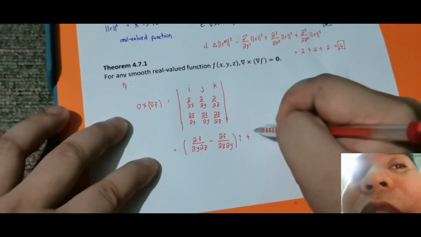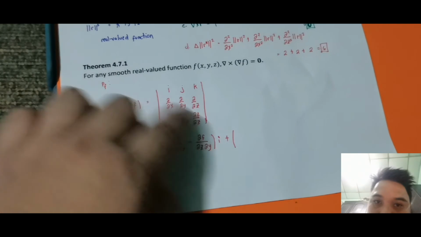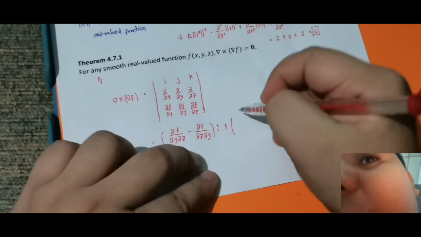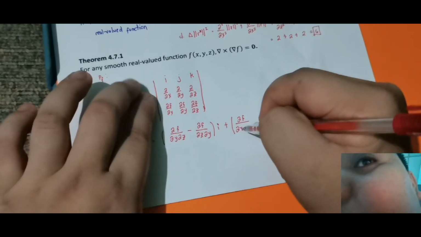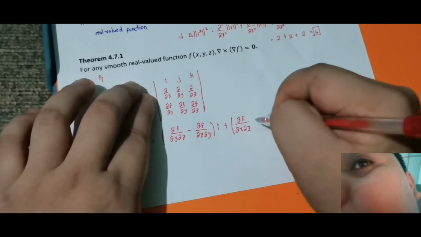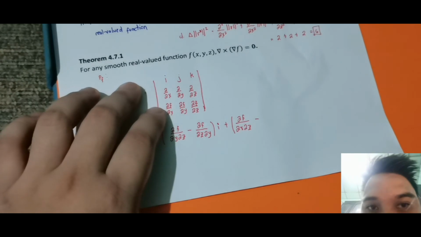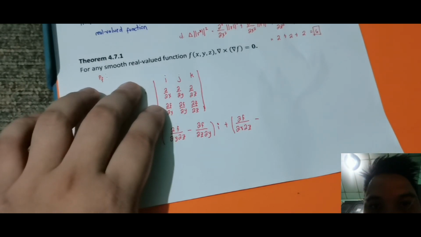So tandaan yan. Then plus next is yung dulo-dulo. So partial derivative of x naman to, no? Partial derivative of f. So ito ay syempre x para doon, then partial derivative with respect sa z, minus partial derivative nung f ito y to, no?